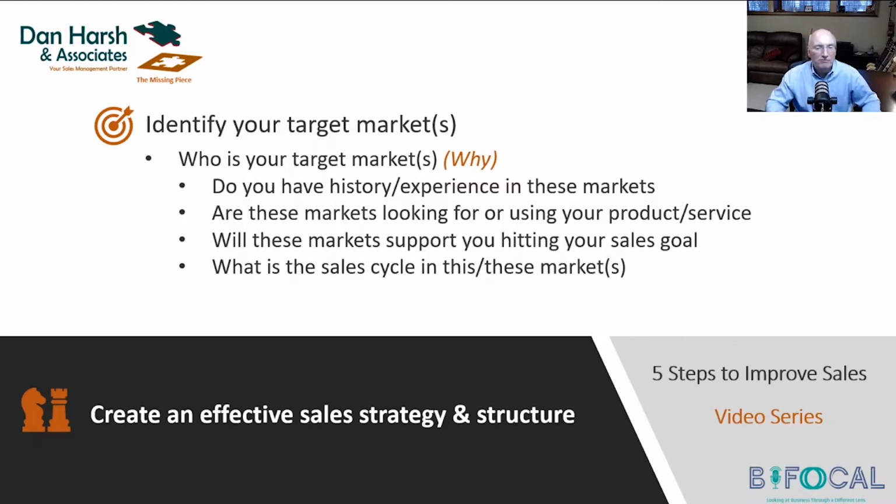Are they different for both of those objectives? You've got to identify why this is the market you're going after, and do you have data to support it, and will that data support you hitting the sales goal that we talked about in step 1? Is this market going to support you hitting that sales goal?